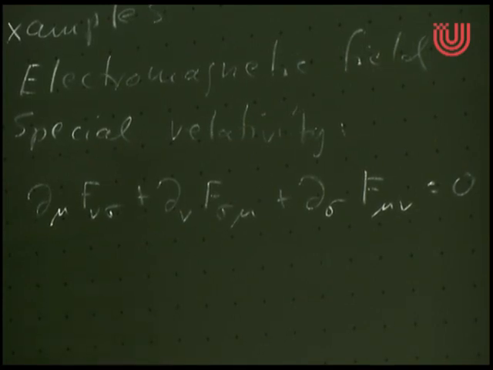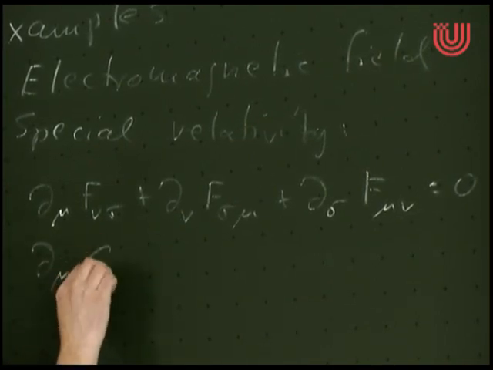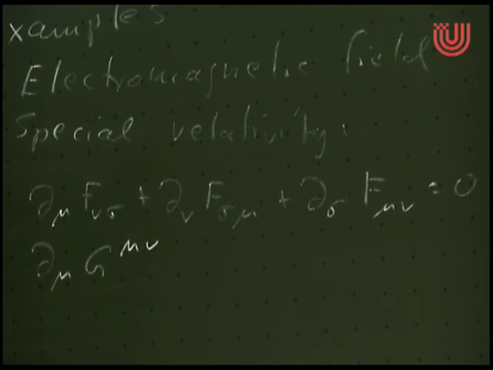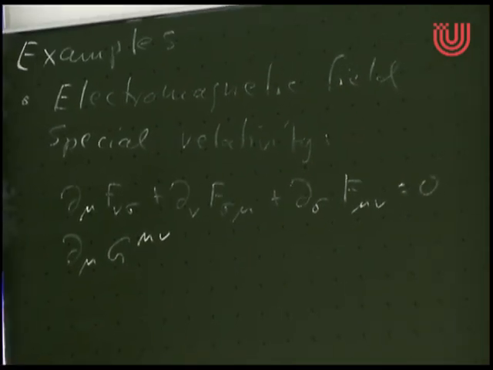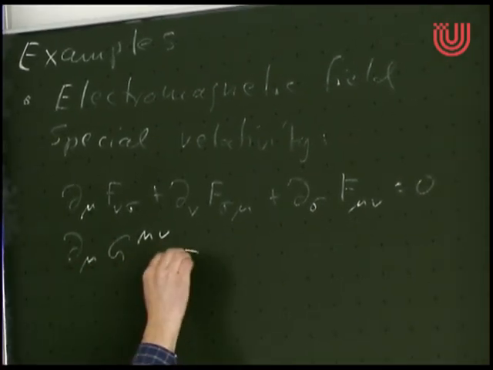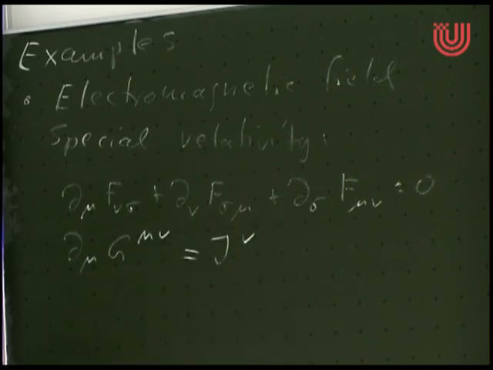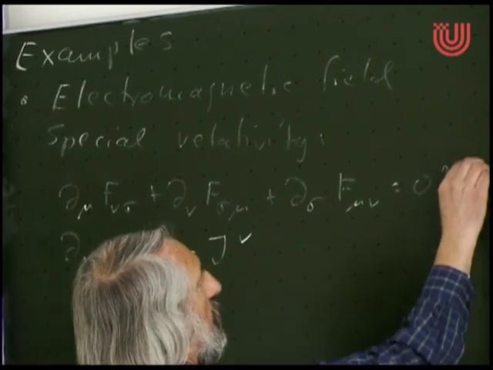And the second equation was for the other second rank tensor G. This was J^nu. So these are Maxwell's equations.